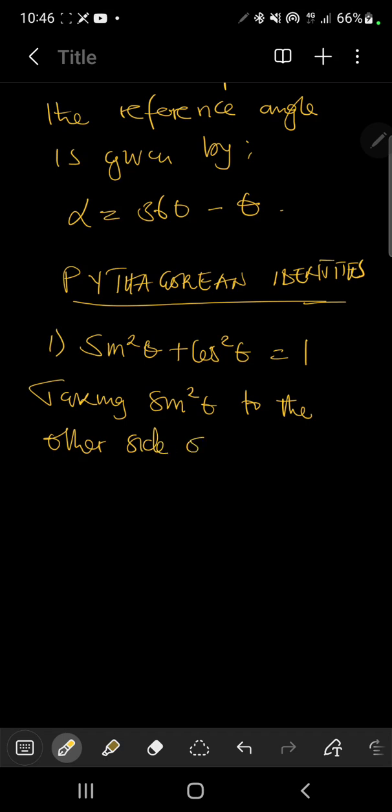So the first identity that we can create from the Pythagorean identity is, taking sine squared theta to the other side of the equation, we get cos squared theta is equal to 1 minus sine squared theta.